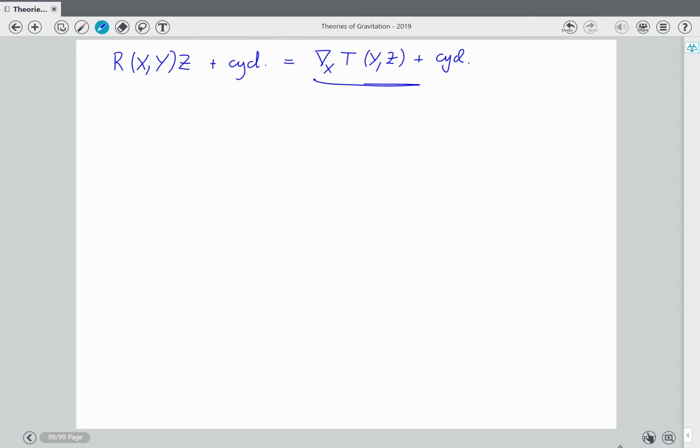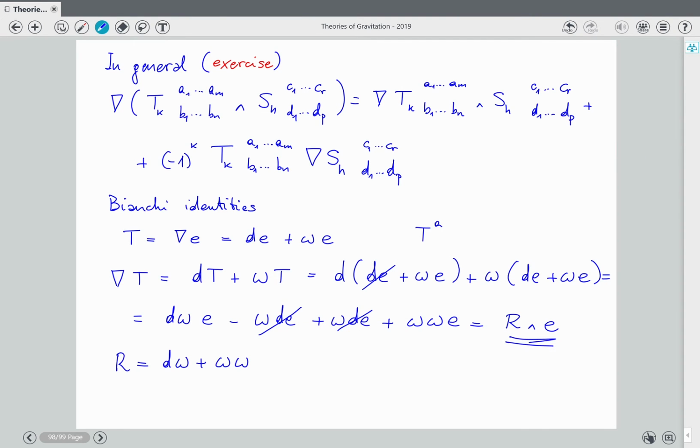So this is the covariant derivative of T equal to R on the basis. It's exactly the same thing. When the torsion is 0, you have this equals 0. So let's see what that is.